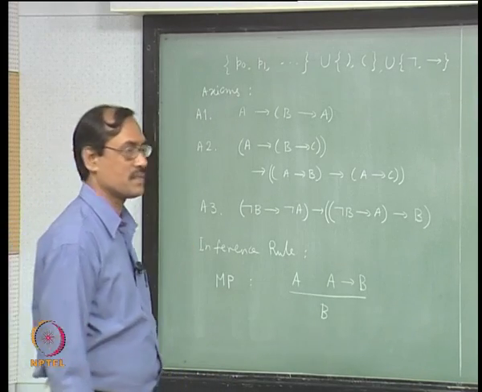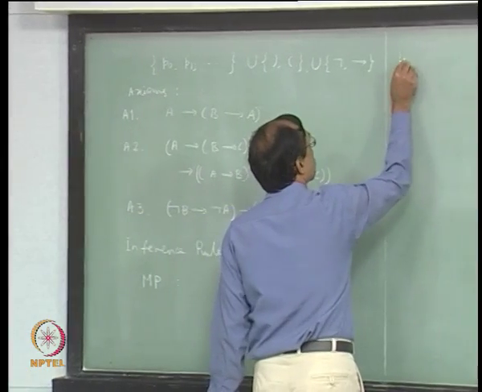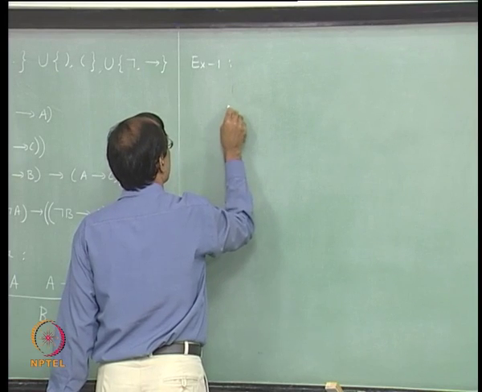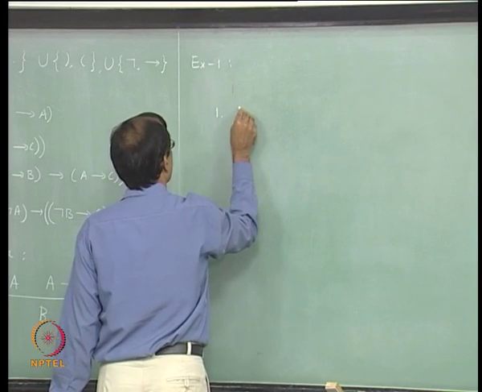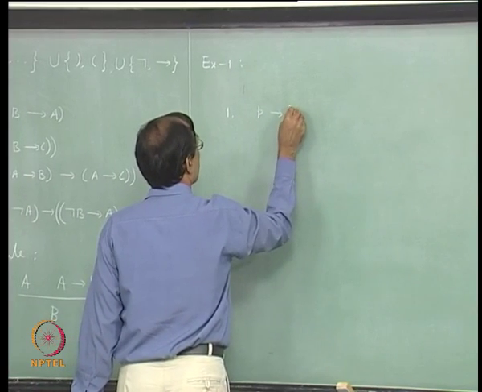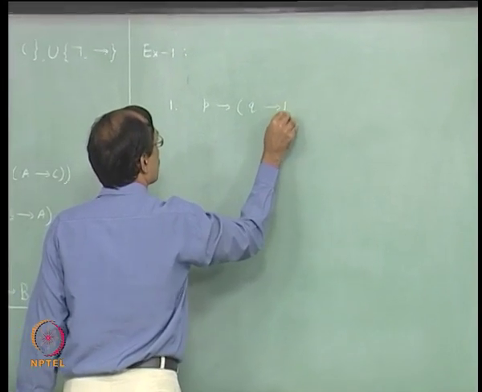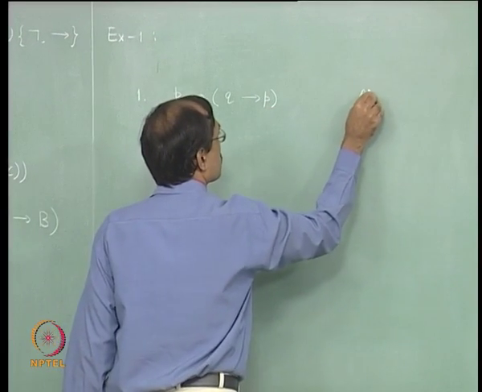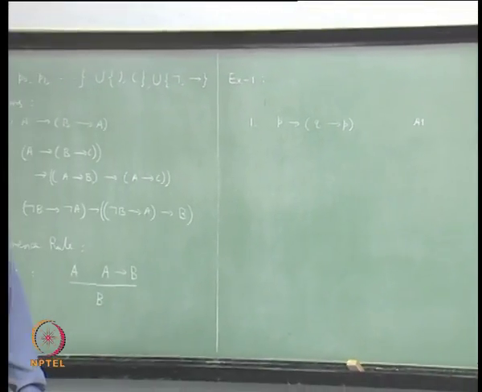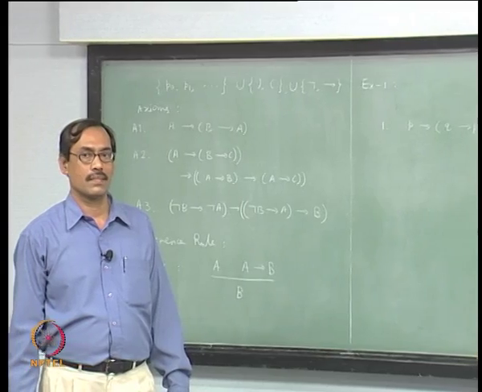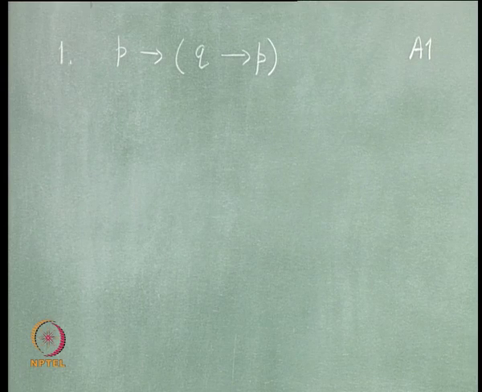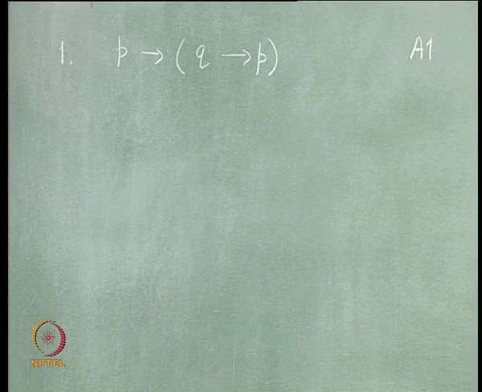So, let us see one example of a proof. How does it look? Now, this itself is a proof, because I have that as an axiom, so I stop there.